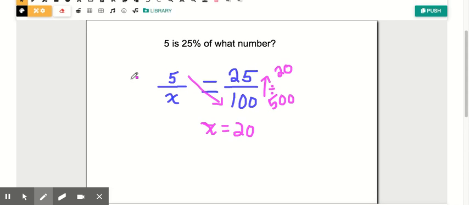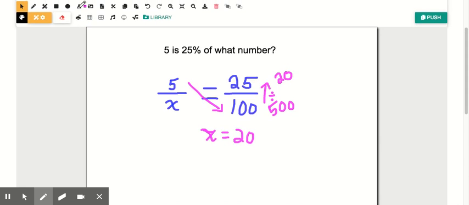All right. And I'm going to finish off by writing out my sentence so I can make my connections and everything makes sense. 5 is 25% of 20.